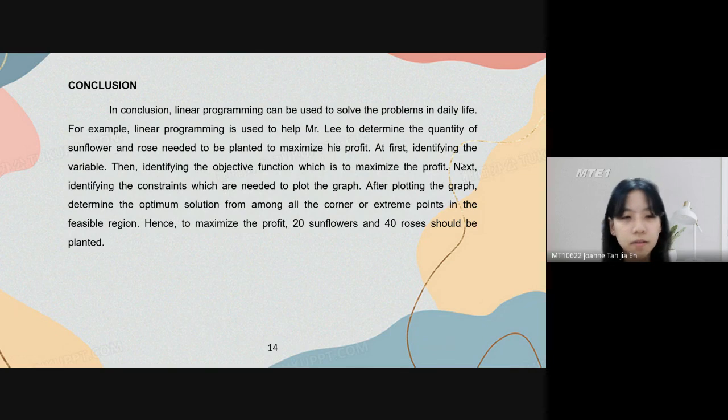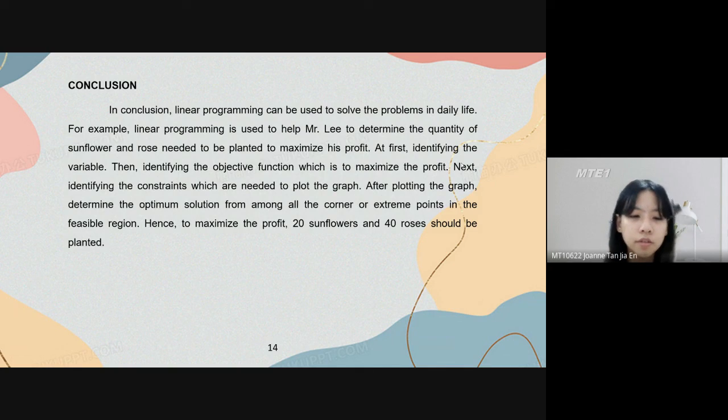Next, we should identify the constraints and plot the graph. After plotting the graph, we should determine the optimum solution from among all the corner or extreme points in the feasible region. Hence, to maximize the profits, 20 sunflowers and 40 roses should be planted. And the maximum profit we found is 160 ringgit.